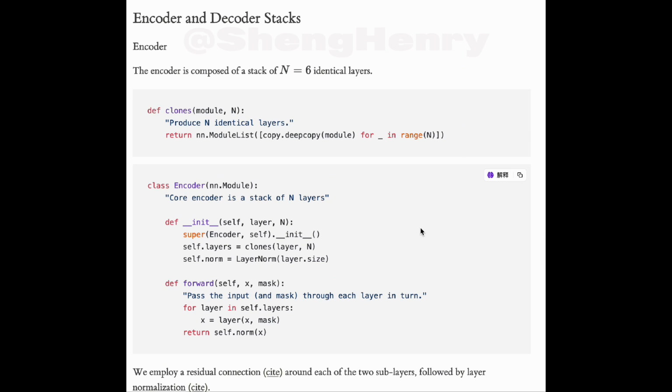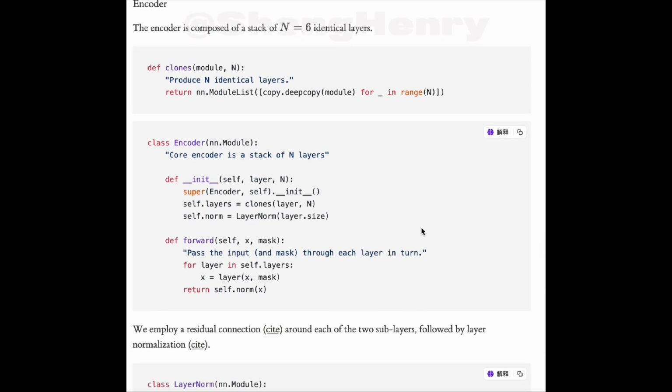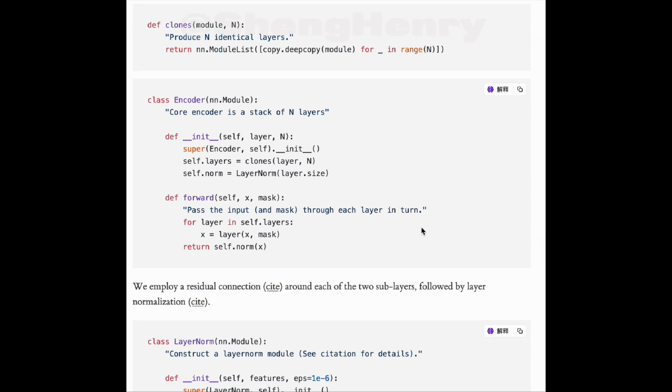So, what's an encoder-decoder structure? The encoder's role is to process the input sequence and convert it into a continuous representation. It comprises multiple identical layers, each containing two main sublayers. The first is called multi-head self-attention.